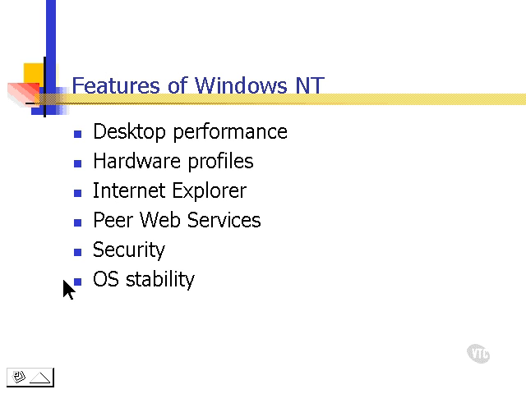The minimum hardware requirements for Windows NT are a little bit higher than the minimum hardware requirements for Windows 9X. So we'll talk about the minimum requirements and the other platforms that Windows NT can be used on in our next section.